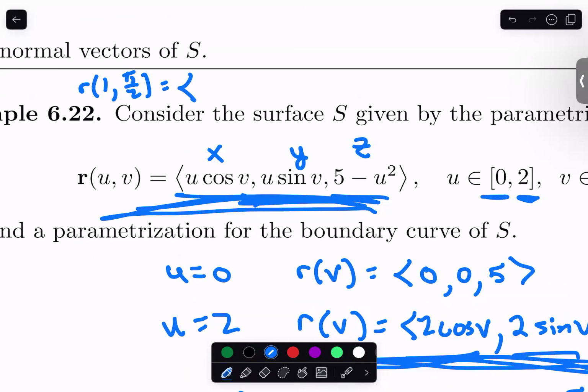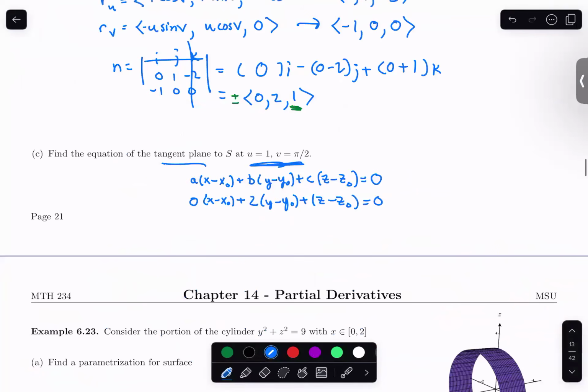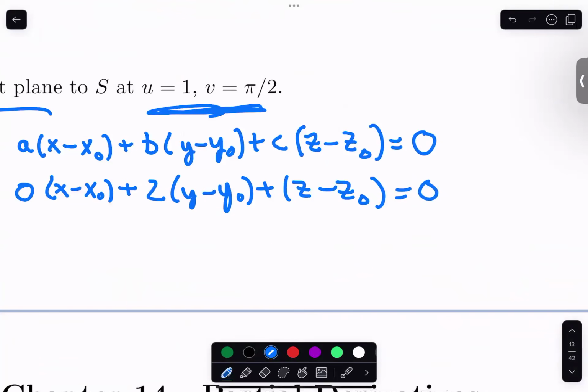Cosine of pi over 2 is 0. Sine of pi over 2 is 1. And again, u is supposed to be 1 in this case. So I'm at the point 0, 1, 4. My x coordinate was 0, my y coordinate was 1, my z coordinate was 4.